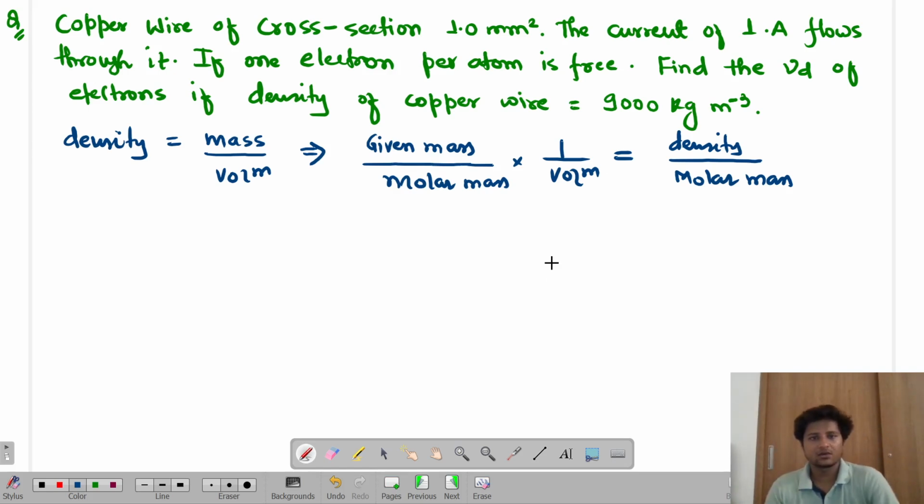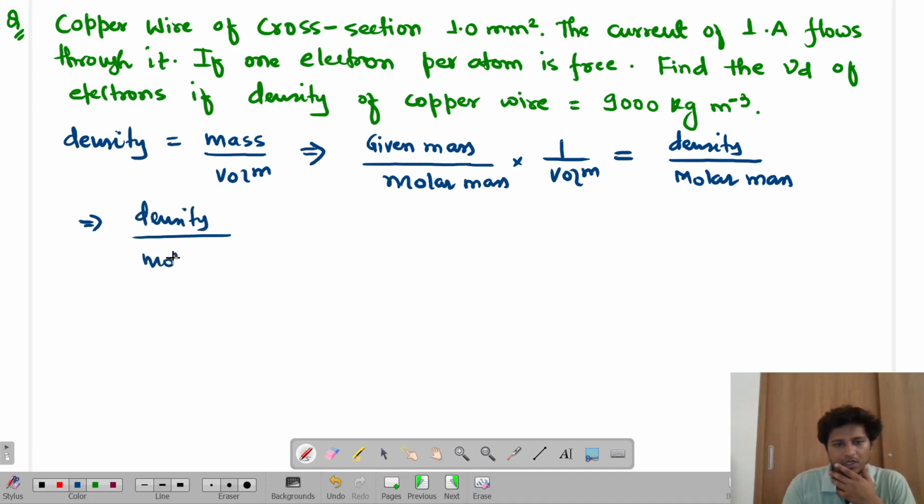So basically, number of moles is also not given now, only density. So I can say that density by molar mass, as density is known, can be equal to number of moles divided by volume, isn't it?